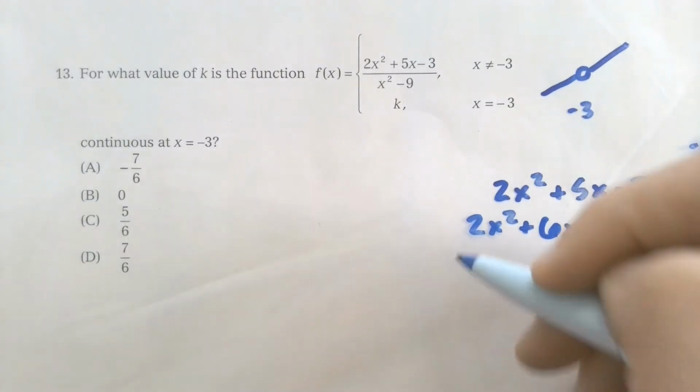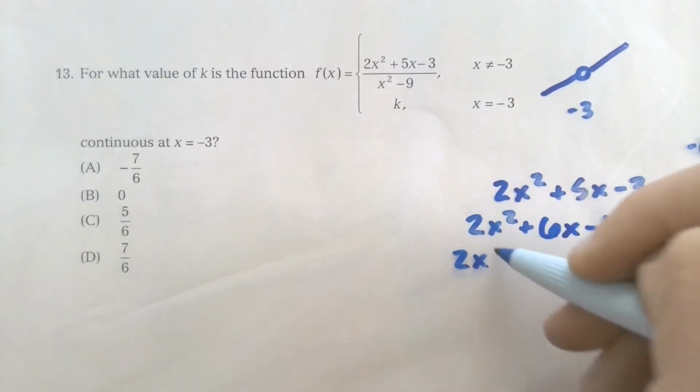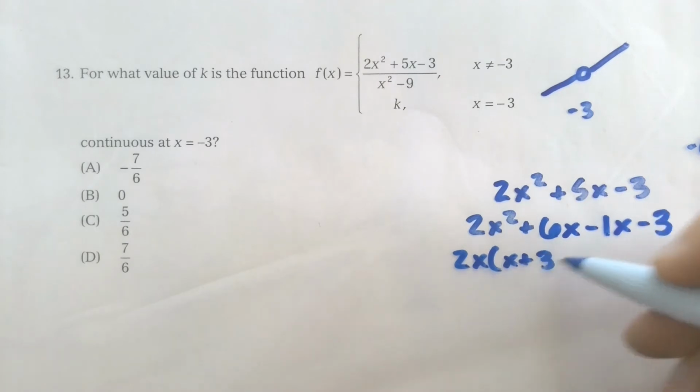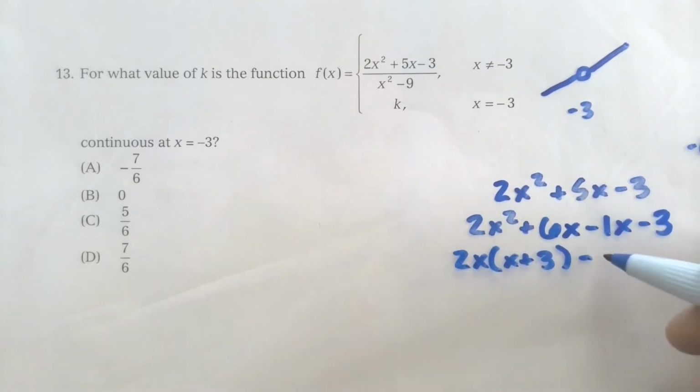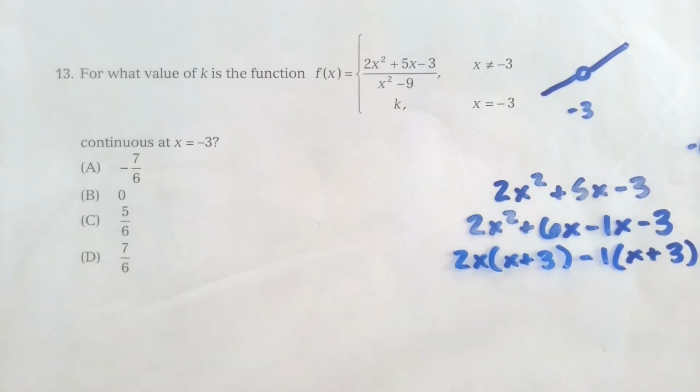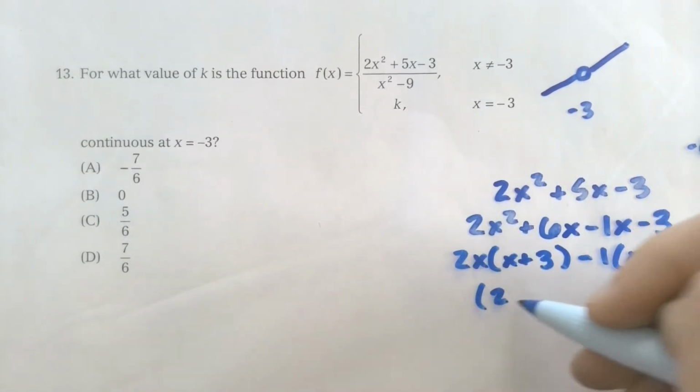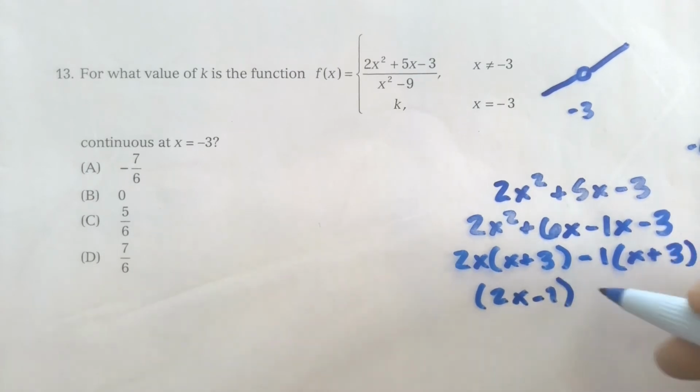And then I'm factoring by grouping, so factoring out a 2x out of this first piece, factoring a -1 out of the second piece. So that leaves us with factors of a 2x minus 1 and an x plus 3.